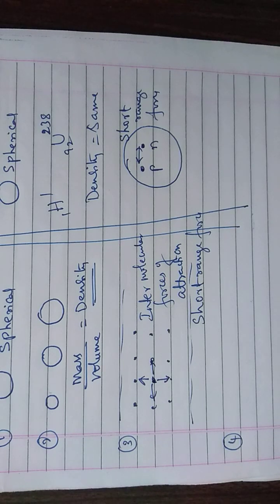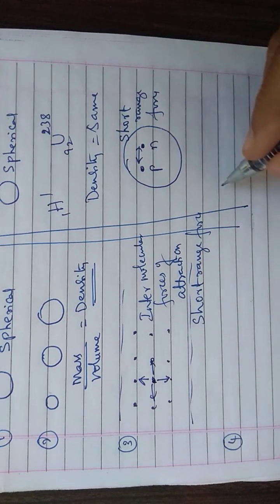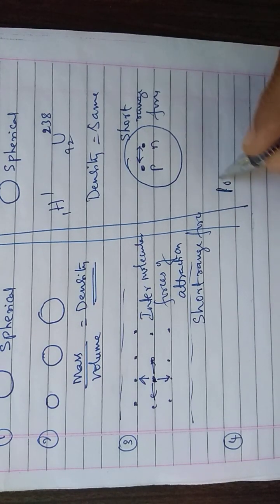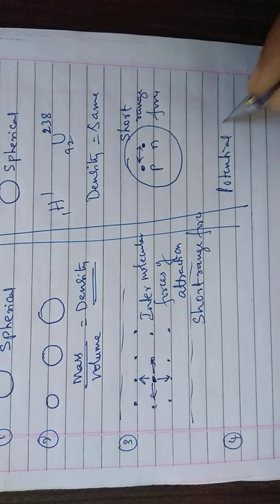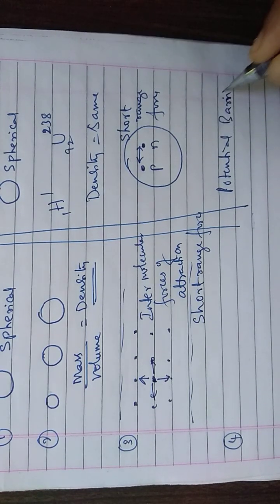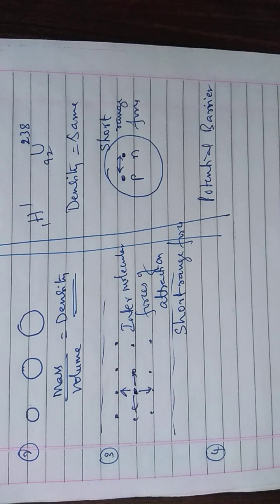So this is the third idea. Next one, the fourth idea. What is that? There is a potential barrier at the surface of the nucleus. Just like in the case of liquid, here there is a potential barrier present on the surface of a nucleus.